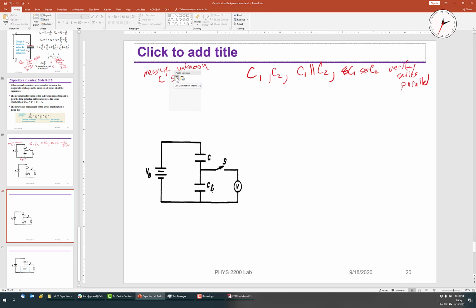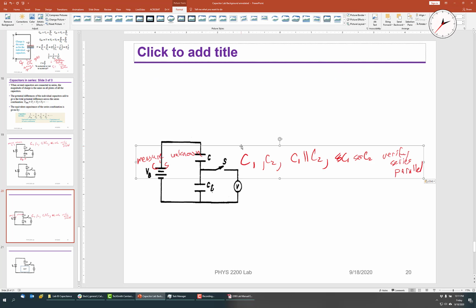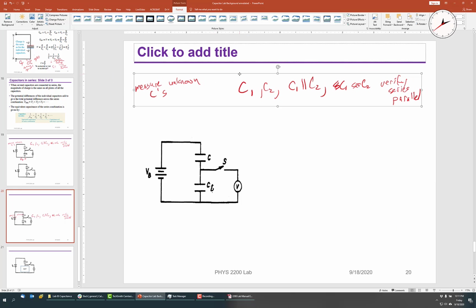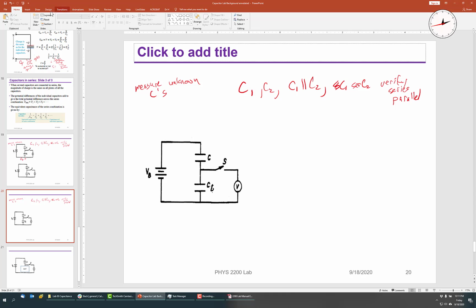So how are we going to determine C-test? How do we determine C-test?